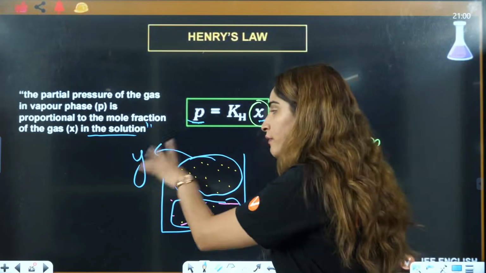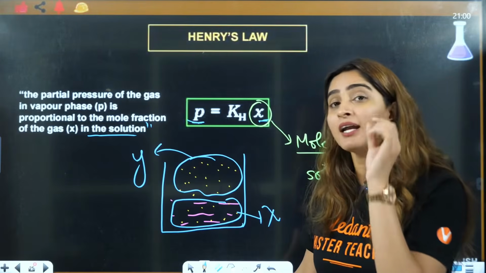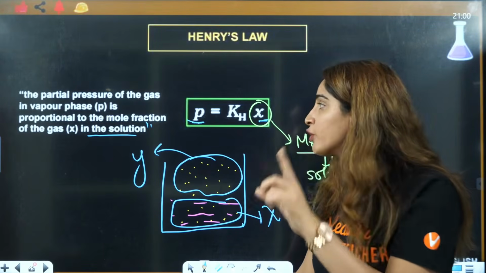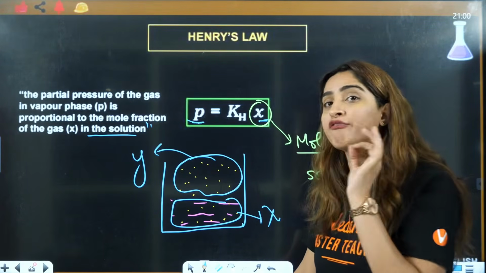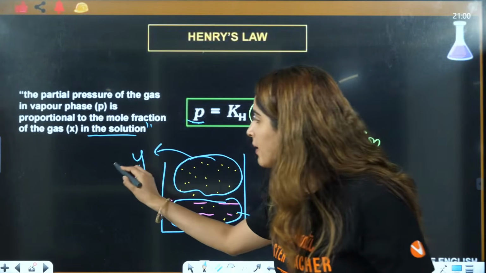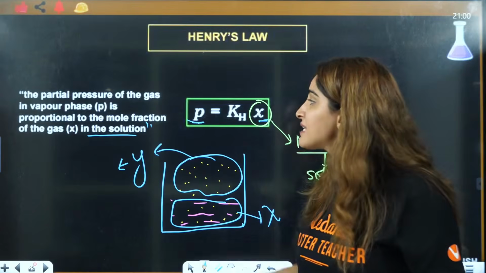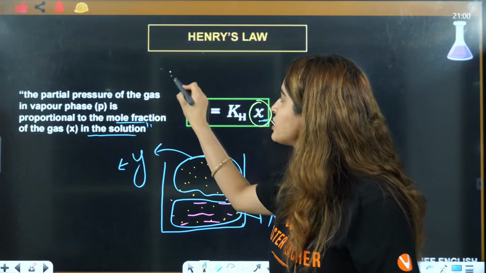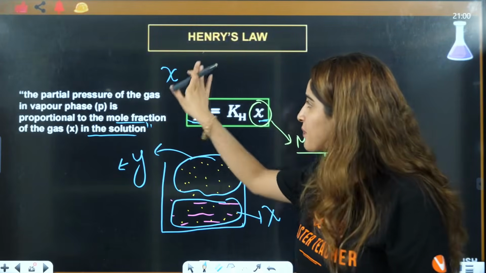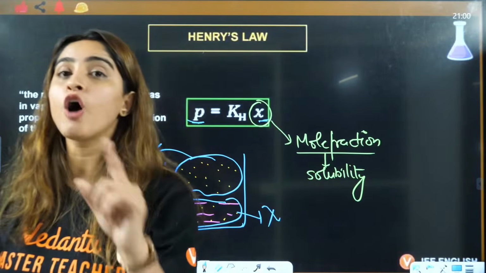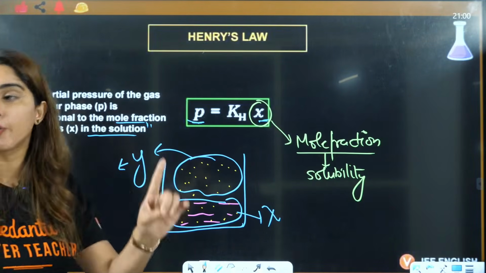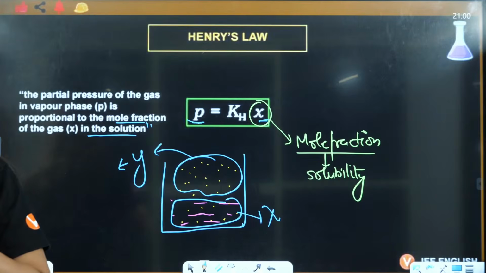This formula also we will study, but you should understand that whenever in the question they give you mole fraction in the vapor phase, they are talking about Y. Whenever they give you mole fraction in the liquid phase, then only they are talking about this mole fraction here, right? And in Henry's law, we are talking about mole fraction in the liquid phase. We will discuss that, right?